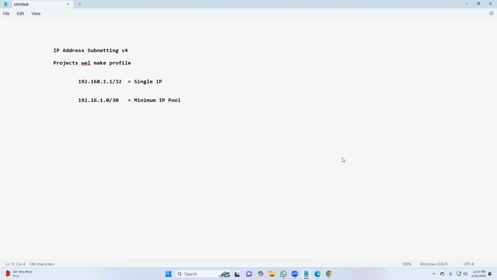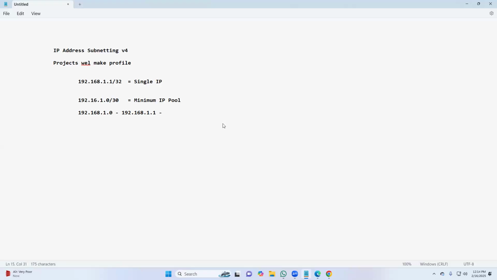Just start. The first IP is 192.168.1.0, and another IP is 192.168.1.1. This is 1.0 and 1.1.